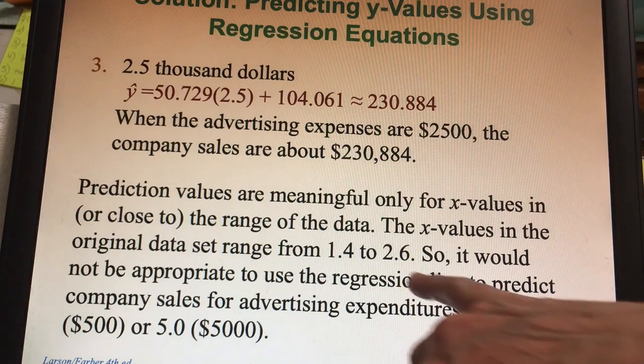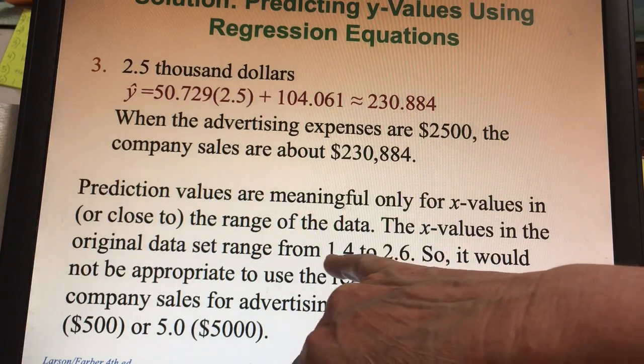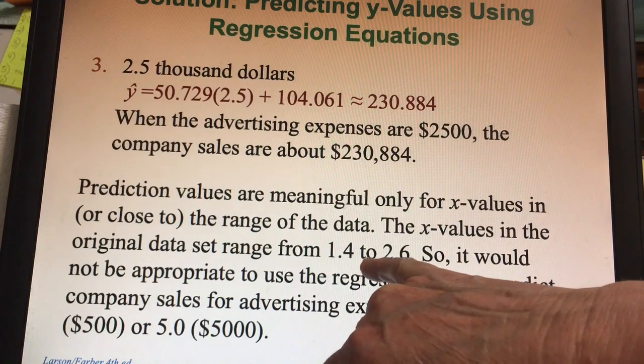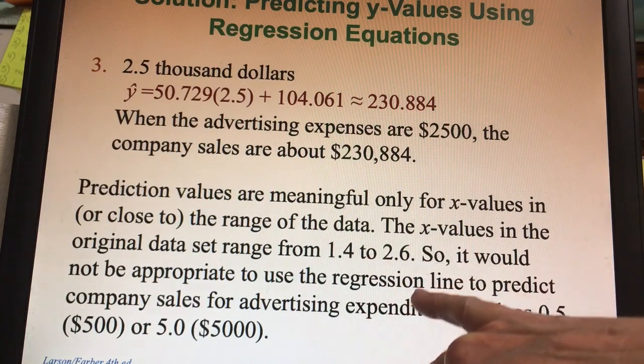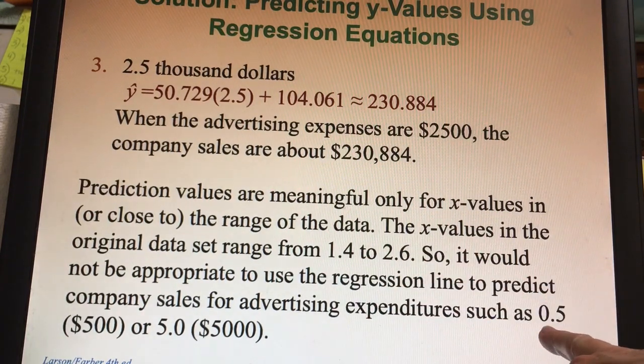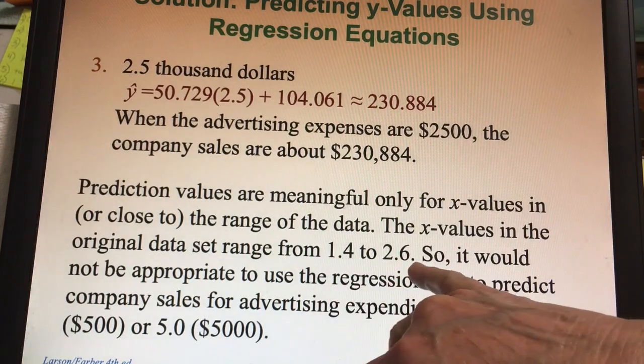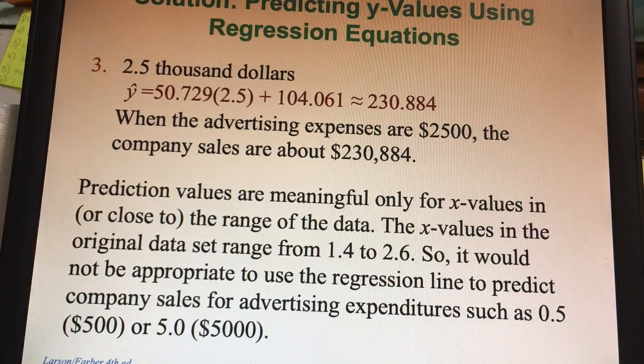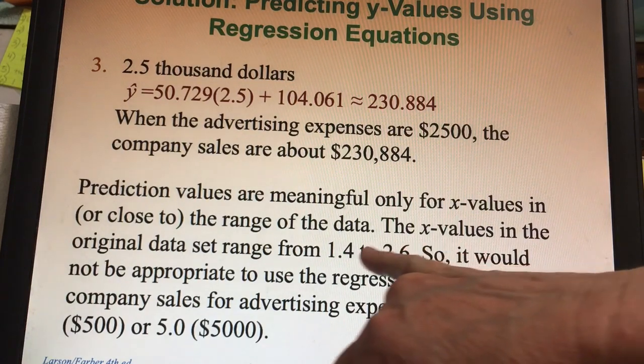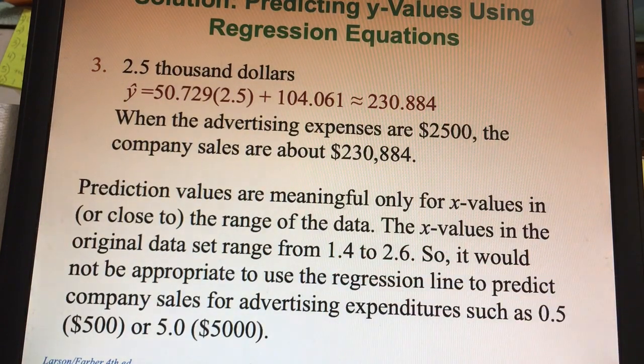In other words, we need to stay in this range because we know something about this data range. We really don't know what happens before that data range or after that data range. So we're going to stick in or close to that range, and 0.5 is not close to 1.4. So it would not be appropriate to use our line to predict something way before or way after the range.